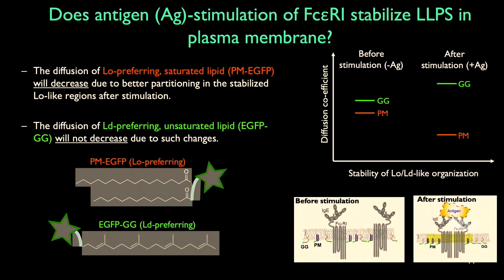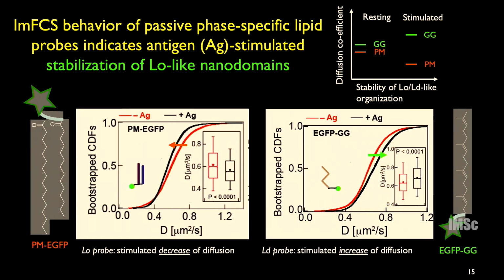So if my measurement shows that PM, the saturated lipid probe, goes down in diffusion, and GG goes up, I know that the LLPS has been stabilized. This is exactly what we observed. Again, these are the two probes I am showing now. I have a series of probes, saturated and unsaturated, where we saw the same thing.